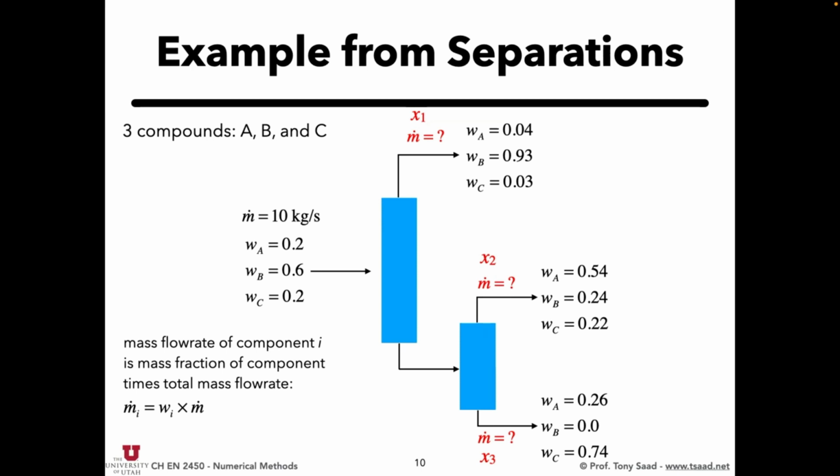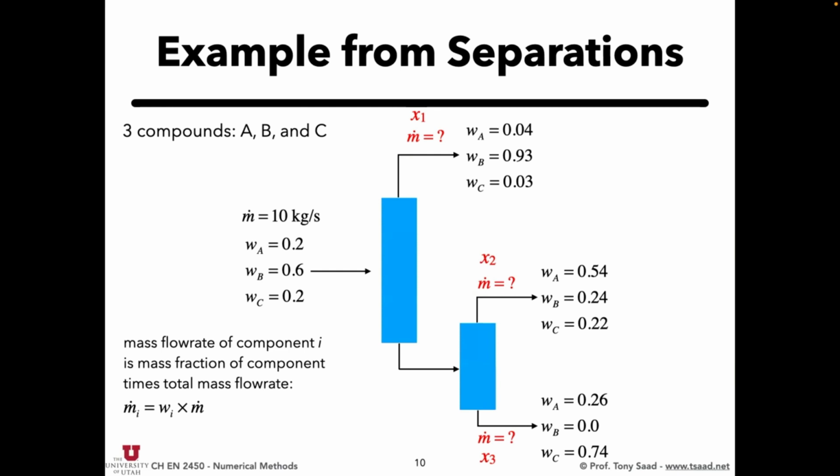So our objective is to look at station 1 up there. 93% of the outcome is compound B. And over here, there's like 75% C and 25% A, or 26% A, 74% C. This is still kind of a crazy mixture, but we might be interested in just collecting compound B using this separation process. The point is we can measure the percentages of these compounds at each of these locations. Your task is to find the mass flow rates at station 1, station 2, and station 3.